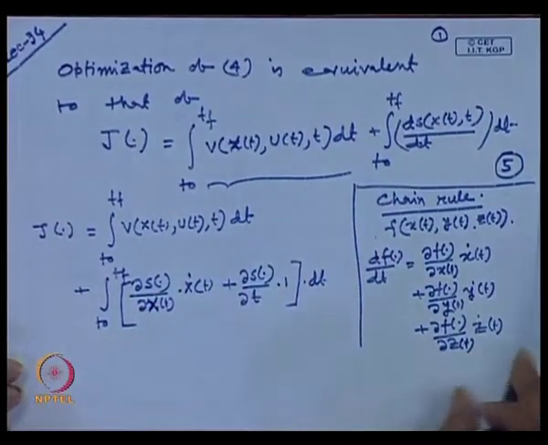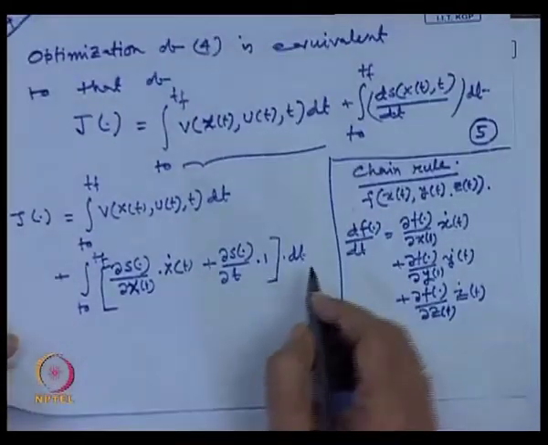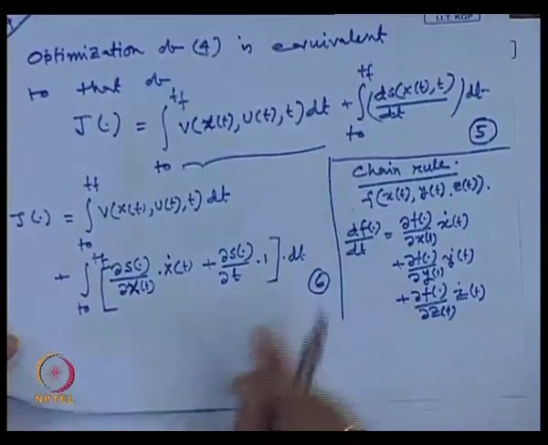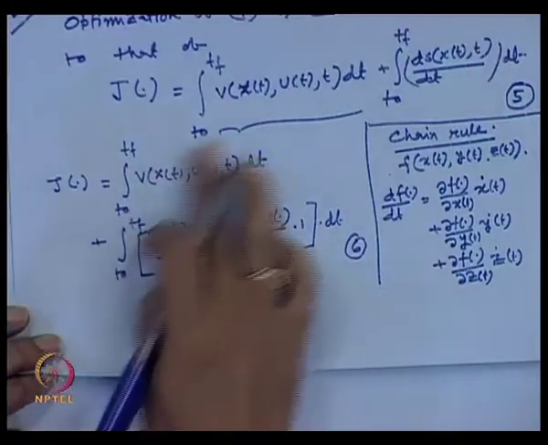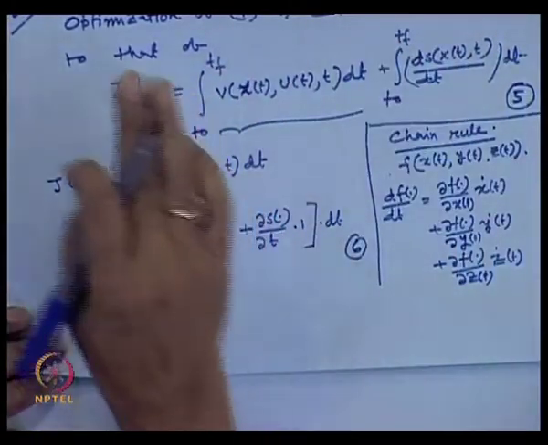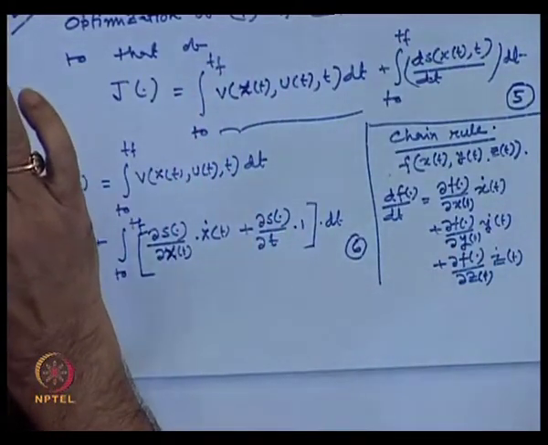Now see what we can simplify. This expression, if you consider this is equation number 6, agree, minimization of equation 4 is equivalent to minimization of equation 5, because in equation 4 there is a constant term. Agree?